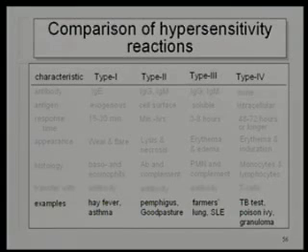And the TB test, Mantoux test, tuberculin test, lepromin test for leprosy, or leishmanin test for leishmaniasis, those are examples of type 4. Also the more common examples are poison ivy, poison oak reaction, or granulomas. Okay? So that's the summary of all the types of hypersensitivity and the similarities or contrasts between them. Any questions while I change the topic?